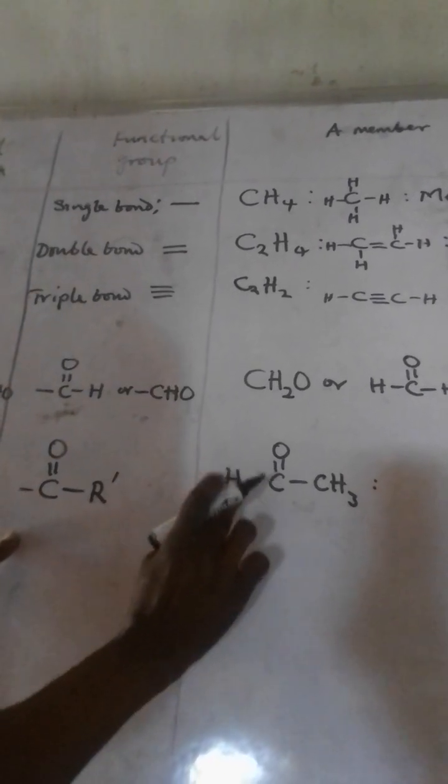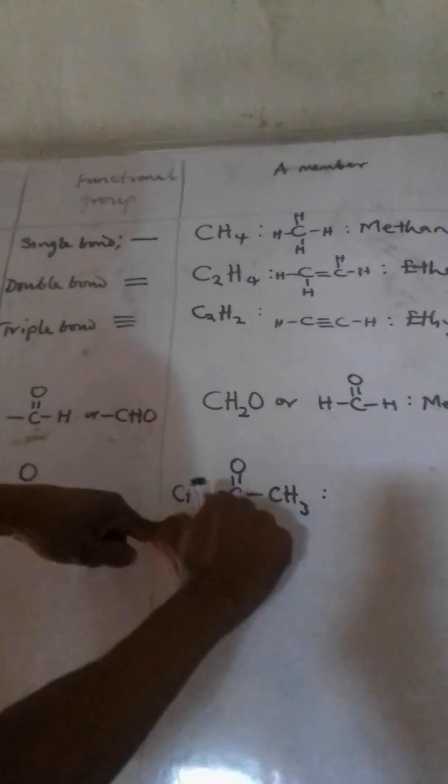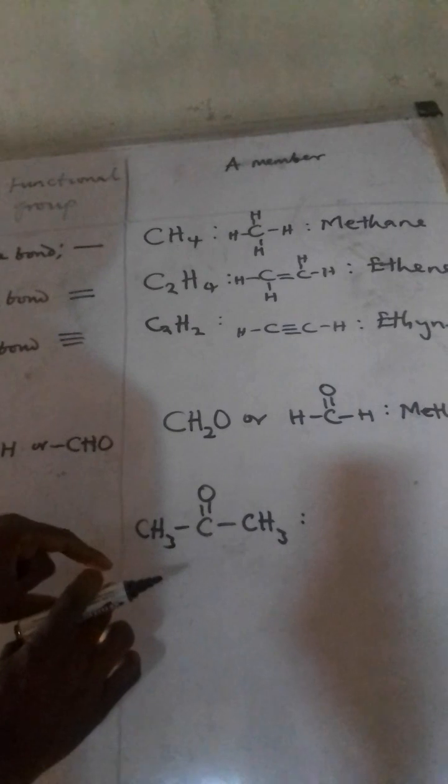This H should not be there. You replace this place with an alkyl group also, CH3, so that you will not end up producing something like this, CHO. So you can see that the functional group is now at the middle. This is that substituted alkyl group, and these are not the main alkyl group.